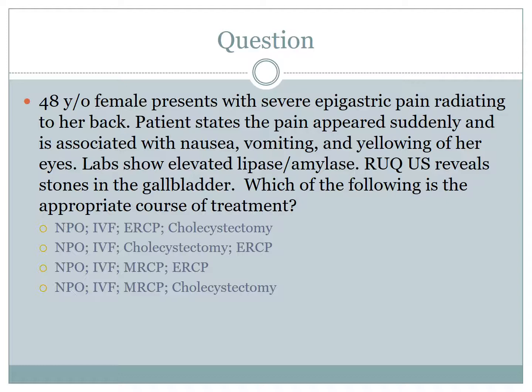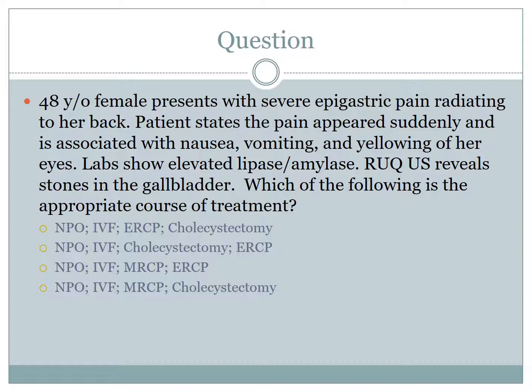To me, it sounds like she has pancreatitis because of the epigastric pain and elevated amylase and lipase. There are many causes of pancreatitis, and the number one cause is alcohol. But in this case, that's not part of the history. The number two most common cause of pancreatitis is gallstones. She's confirmed to have gallstones on ultrasound, so she most likely has gallstone pancreatitis.